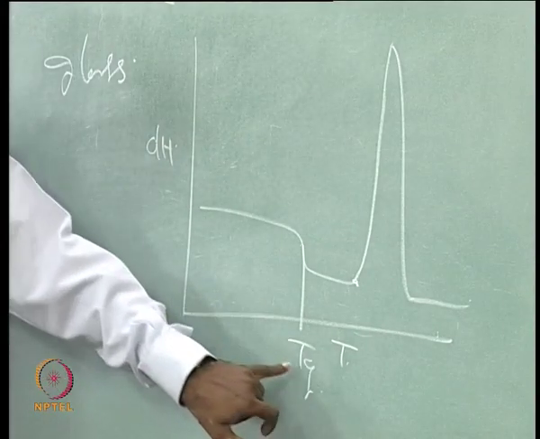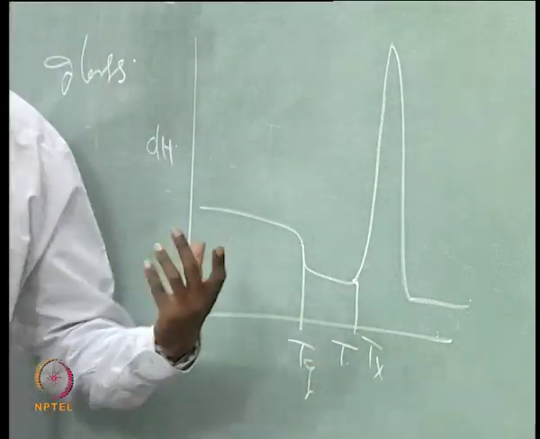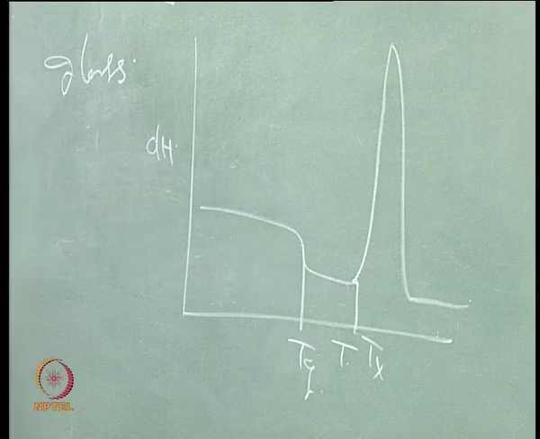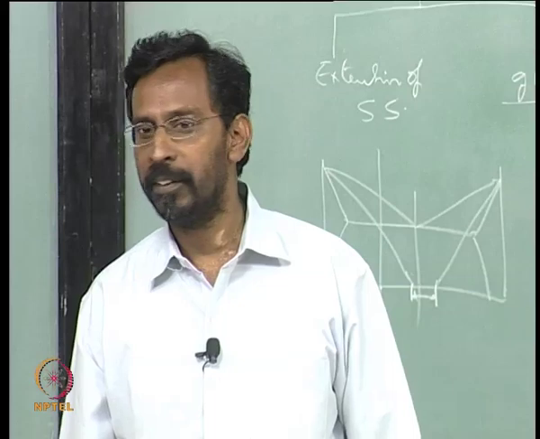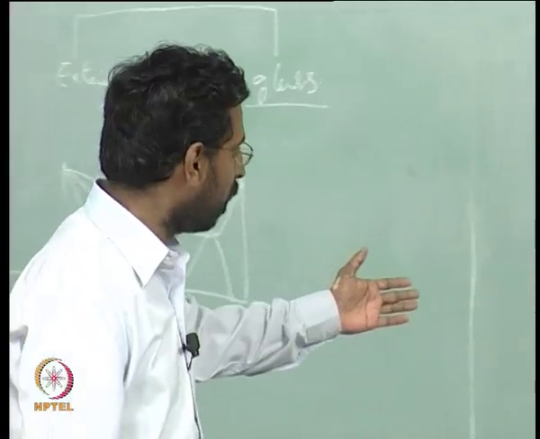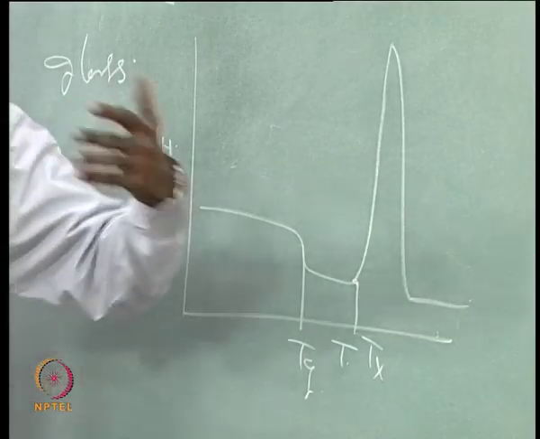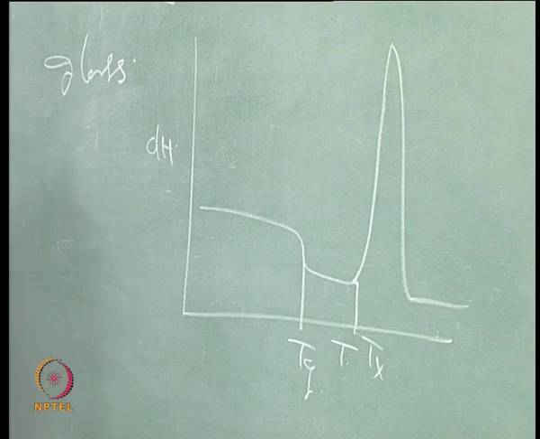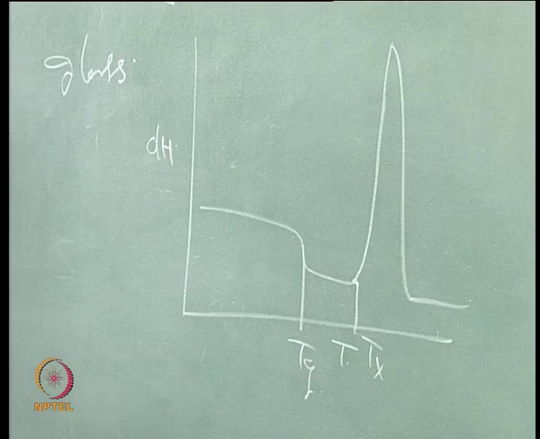That means between this Tg and this, if I call it Tx, what exists between the two temperatures? What is it? When I say glass transition, that means glass is changing into something, and that something is crystallizing at Tx. What is it changing to?